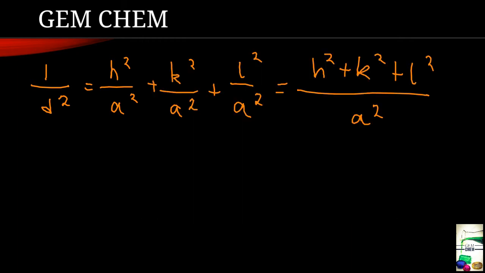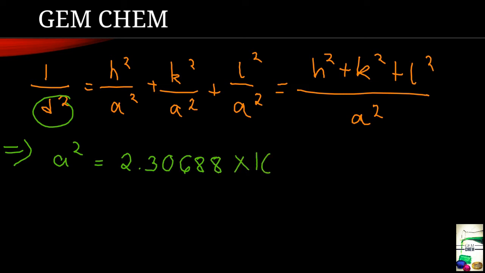Now we just substitute the value of d here and ultimately we get a square equal to 2.30688 into 10 to the power minus 19. And a comes to be 4.8 into 10 to the power minus 10 meter.